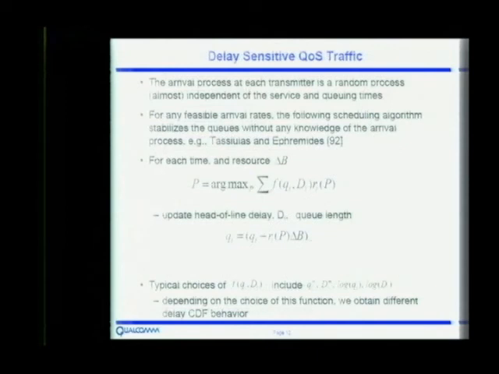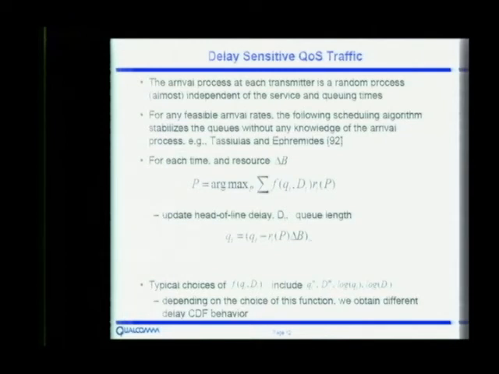Now, if you look at delay sensitive QoS traffic, again, this is also standard: an iteration which would stabilize the queues is one where you pick the power as the argmax of this function, where f of qi times di is a function of the queue length times the head of line delay at a given length, and Ri of p is the rate you get if you pick the power p.